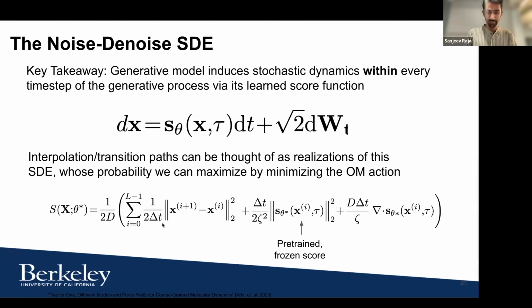But as you increase L and decrease delta t commensurately, you just see smoother paths and smoother transitions. In practice, we tend to use anywhere between 100 to 300 discrete waypoints, so L equals 100 to 300, for the small proteins that we consider in our paper. It's likely that for larger systems, you might need to go higher.